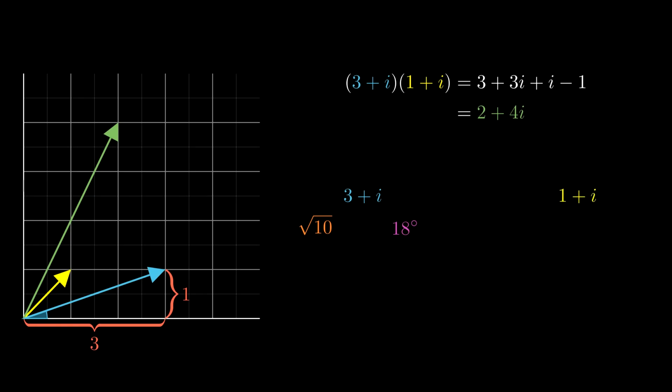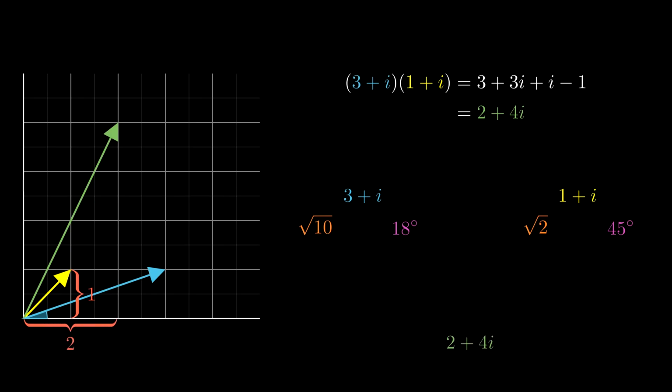Now for 1 plus i, the yellow arrow. That means 1 across, and the same 1 up. So we do Pythagoras, 1 squared plus 1 squared is 2, so the length is root 2. For the angle, you shouldn't even need a tan, it's diagonal, so it must be 45 degrees. Okay? And let's do this one last time for our green answer, 2 plus 4i.